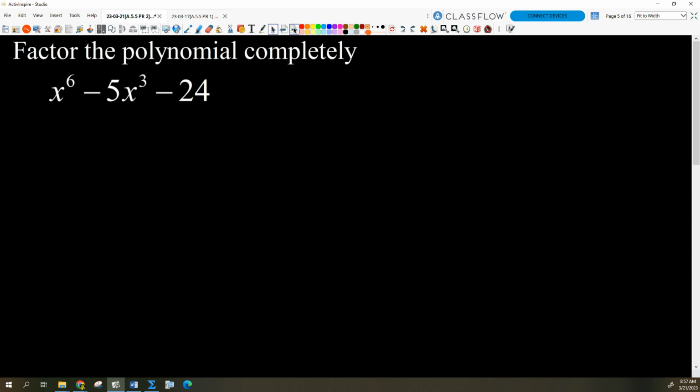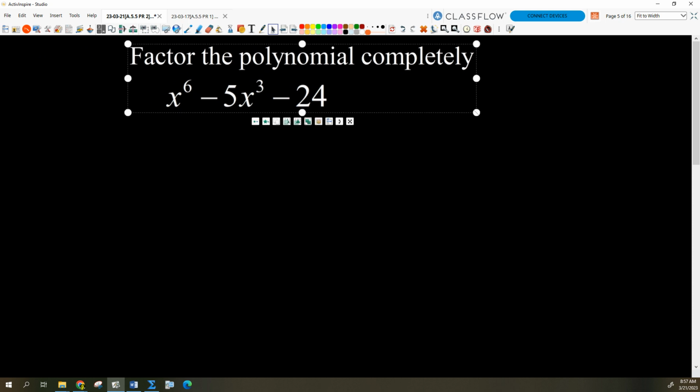Okay, what about this one? Yikes. What could I do there? Take a look at that one and think about it on your own. You can talk to your neighbor about it a little bit. Is there a way that I could make that look like a quadratic trinomial instead of a 6-degree polynomial? Tuessa, you got an idea? Okay, yeah, if I broke this into pieces of x cubed, it would work, wouldn't it?